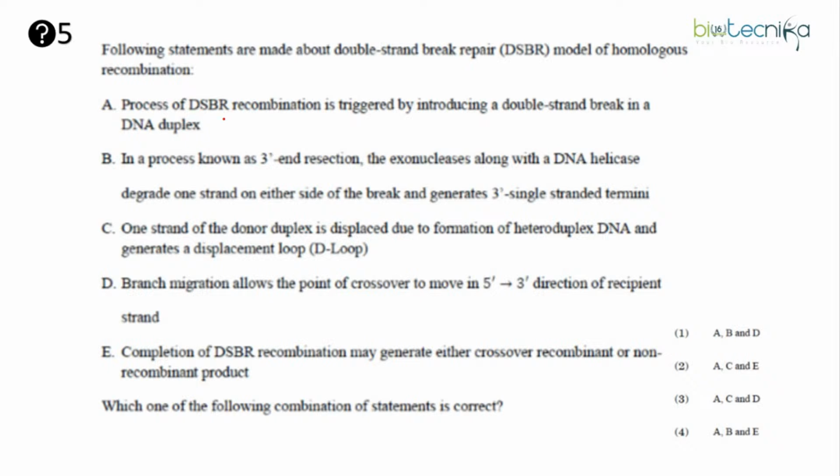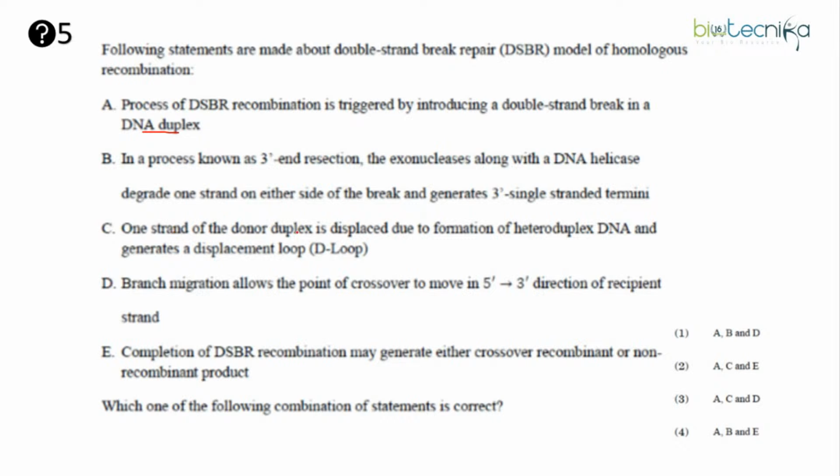Process of double strand break repair recombination is triggered by introducing a double strand break in a DNA duplex. In a process known as 3' end resection, the exonucleases, along with the DNA helicase, degrade one strand on either side of the break and generate 3' single-stranded termini.